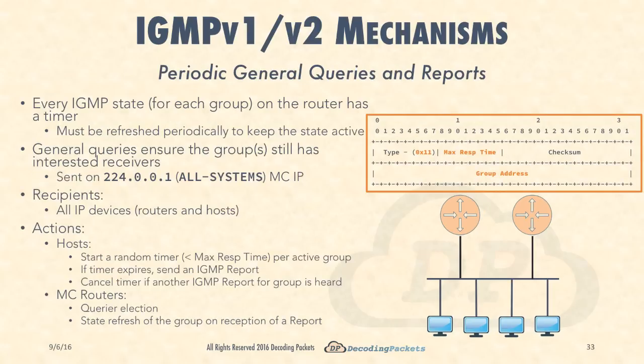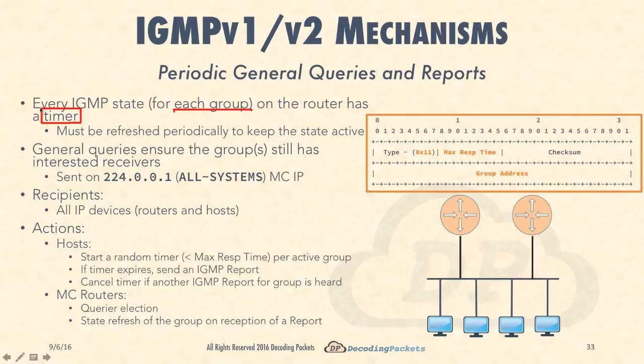The second mechanism here is the mechanism of the periodic general queries and the responses to those general queries. Like I discussed before on the last slide, every IGMP state, and now this is every IGMP state for each group, every single group, on the router has a timer associated with it.